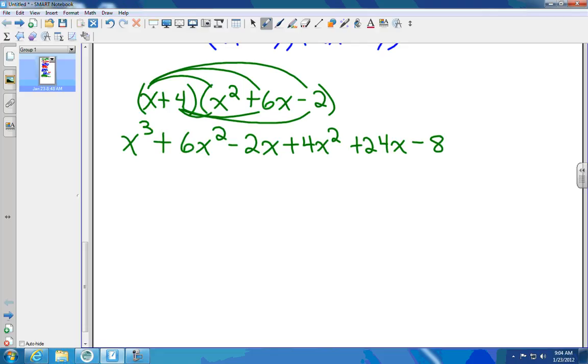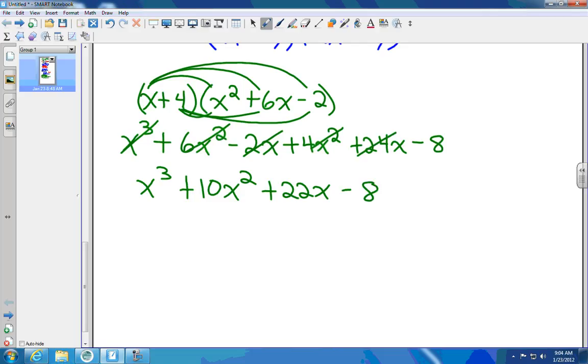Do you have any other x to the thirds? No, so that stays in your answer. Cross it off. Do you have any other x squareds? So we have 6x squareds here. We're adding 4 more. We now have 10 x squareds. You got -2 x's here, and you're adding 24 x's. Plus 22x. And you got your -8, no other terms like it. That's how you combine.